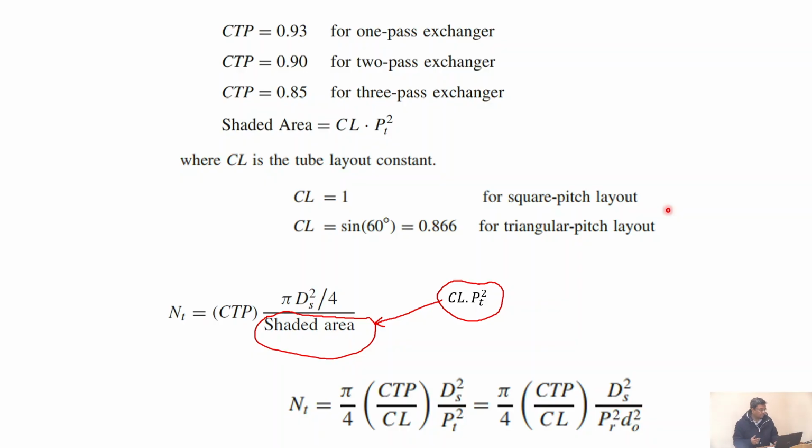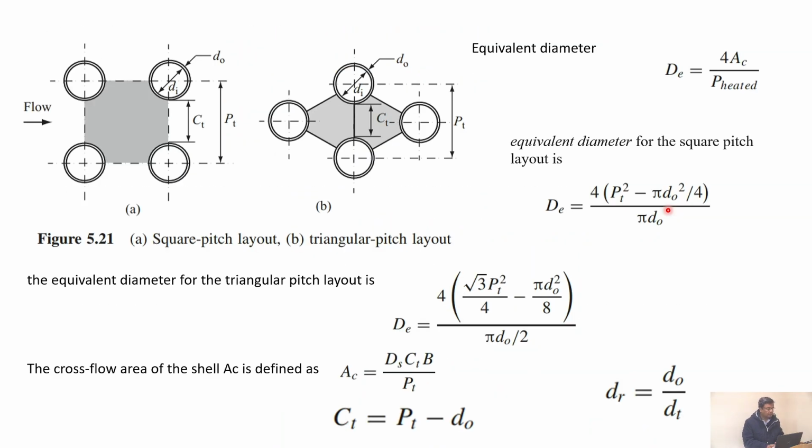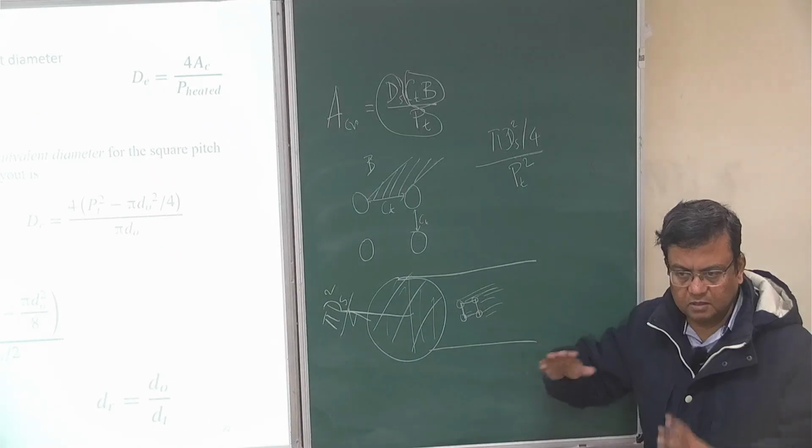Similar discussion can be done for a triangular pitch layout also, but there the tube layout constant is sine of 60 degrees. Again, I think you can do this at home, so I'll not spend much time on this. Obviously, this arrangement is different. So imagine this arrangement put together in a shell. Some dimensions will change because these things are at angles.